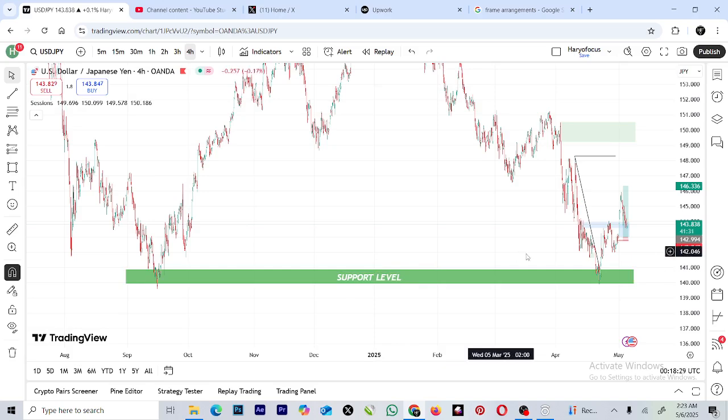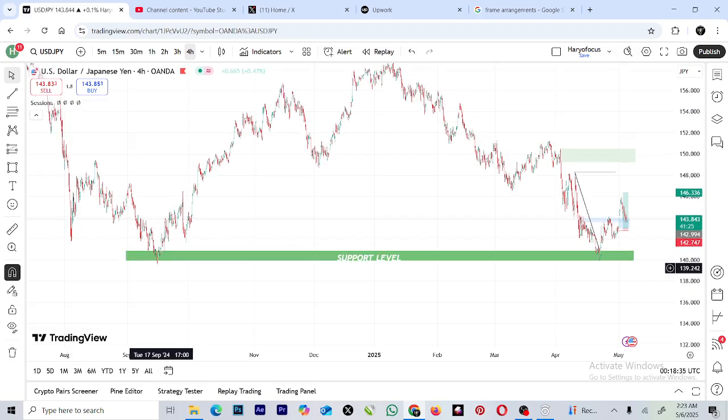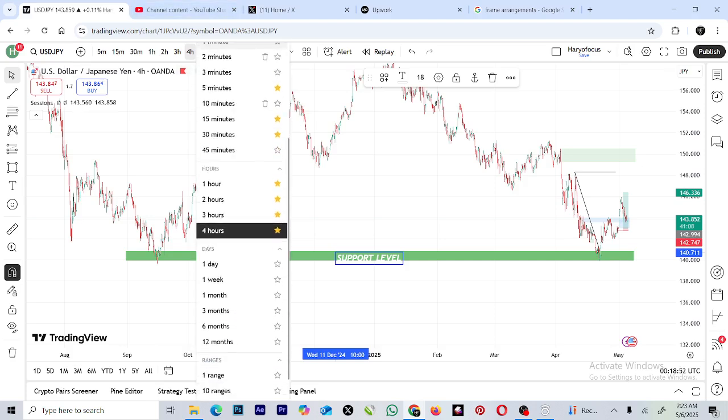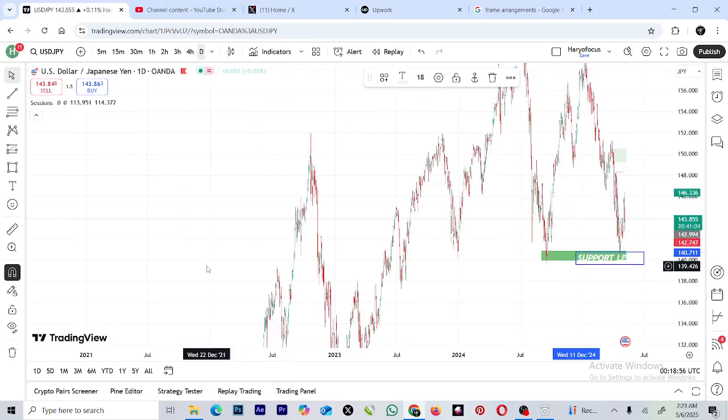So this is one support, and another support here. So it gives us a valid reason to be convinced that okay, this market is at the support level. So let us check, maybe we are going to find another support level.